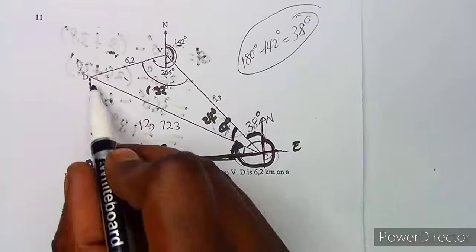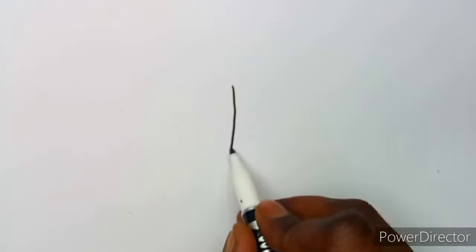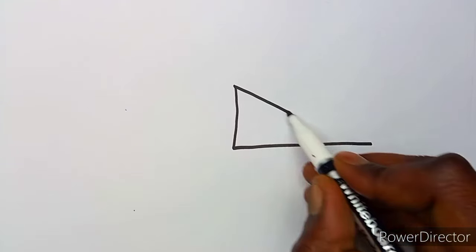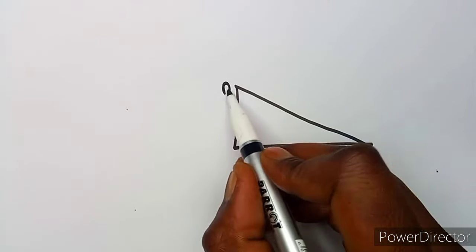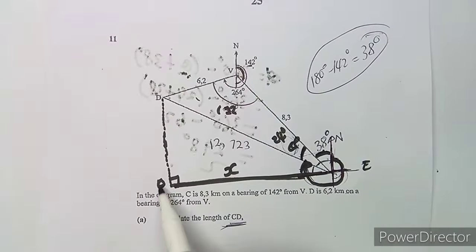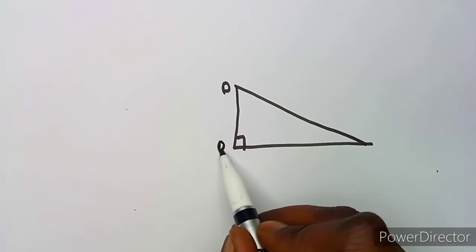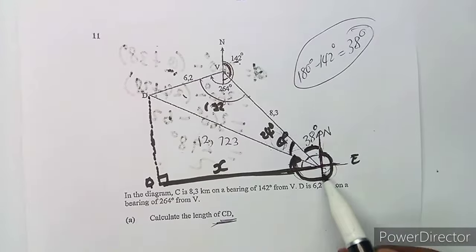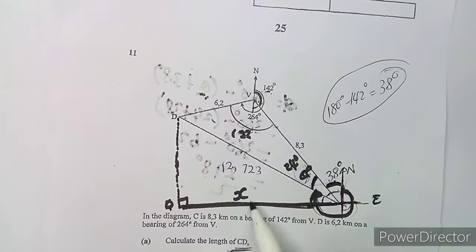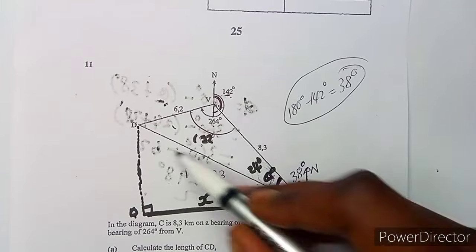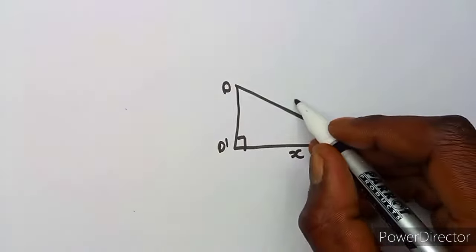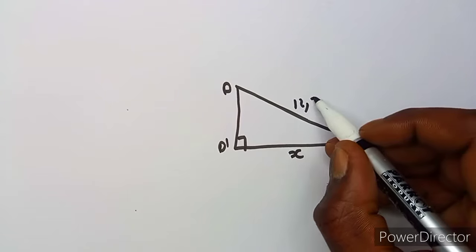As you can see, I have formulated a right-angled triangle like this. This is actually a right-angled triangle which is being produced here, where I have got my D here, and the C here, and I want to calculate this distance, which I'm referring to as X, and I'm given this distance of DC, which is 12,723.